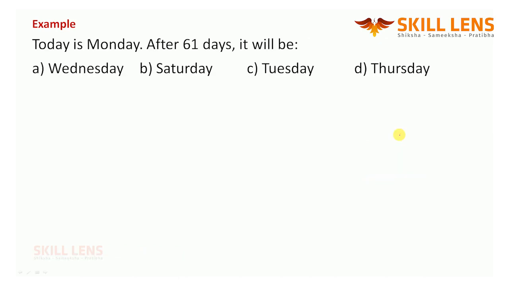Let's try to solve one more question. If today is Monday, after 61 days, what is the day? After 7 days, the same day is going to come. Just divide 61 with 7. Instead of doing this, why don't we do the cross method?